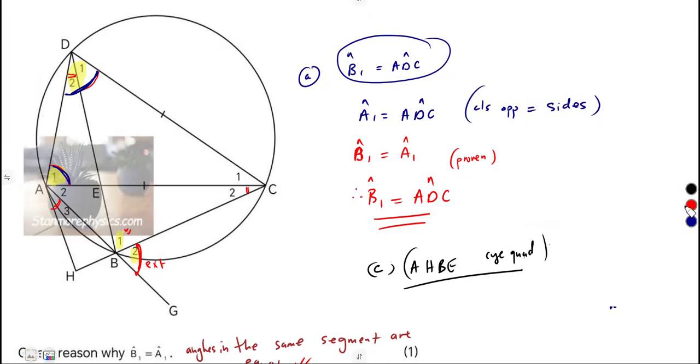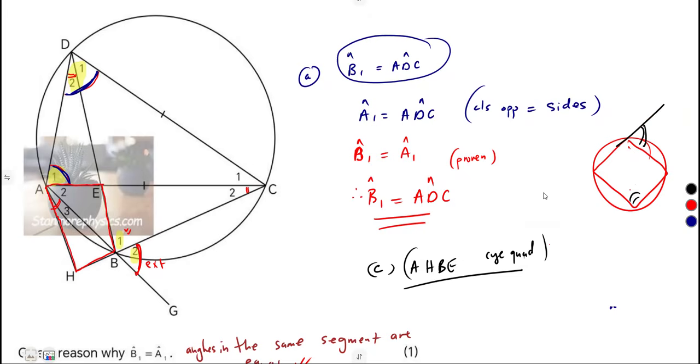In order for you to prove a cyclic quad, you must just work with theorems of a cyclic quad, guys. What are the theorems of a cyclic quad? We understand opposite angles are supposed to be supplementary. They add up to 180. The exterior angle of a cyclic quad is equal to the opposite interior. Is there anything like that that we can prove? If we can prove that, guys, we are done.